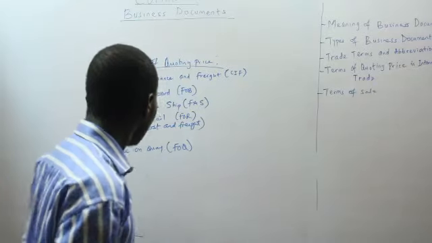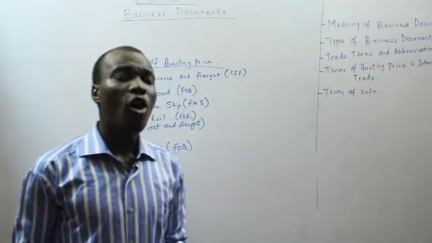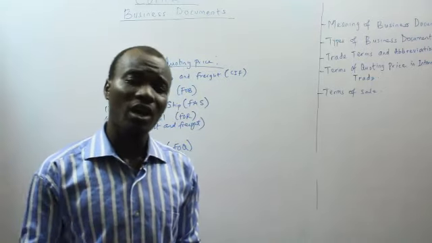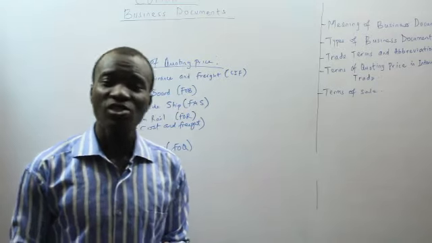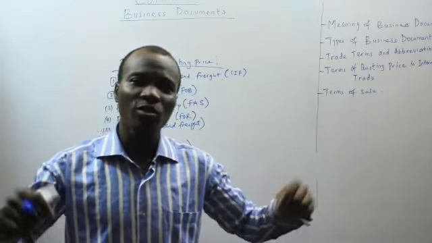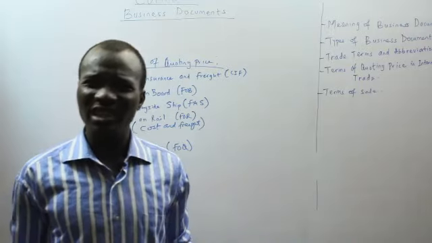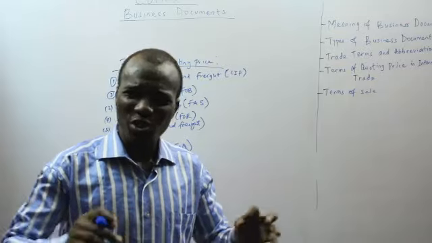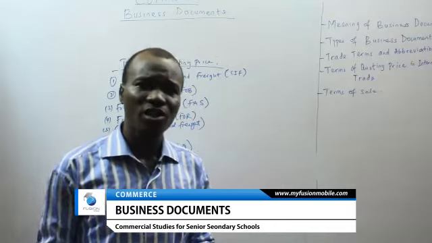The next thing we have now is free at warehouse. This means the price quoted includes all the costs that will be incurred until the goods get to the importer's warehouse. So it includes the cost of the goods, the insurance, the cost of freight, and any other costs incurred until the goods get to the warehouse of the importer. The importer will not be responsible for any form of delivery charge or any other cost. So all of the charges will have been included in the price quoted for the goods.